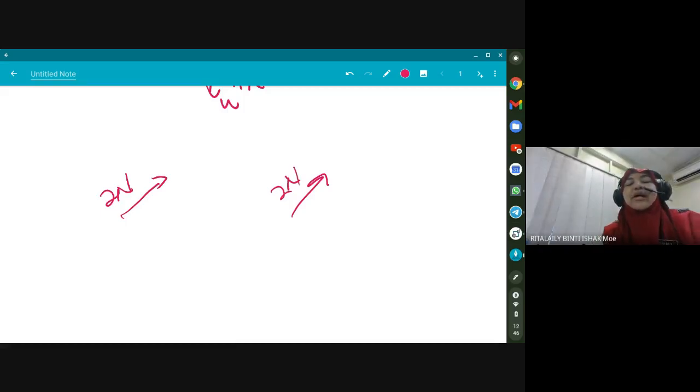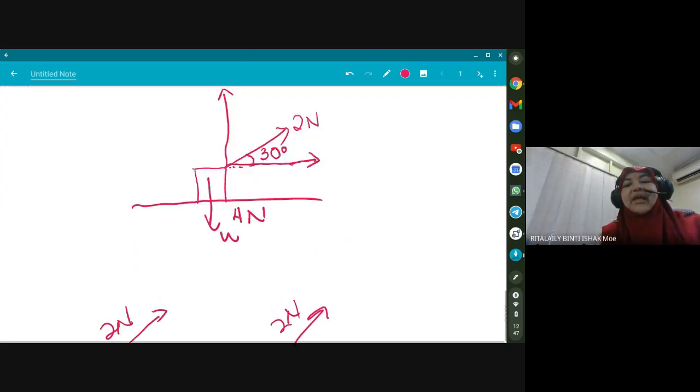Okay, so these two forces or these two vector are the same. Betul tak? Vector, as long as direction the same, value the same, is considered as the same vector. And we can move the vector anywhere as long as we did not change the direction, as long as we did not change the value. Okay, it's still considered the same vector.